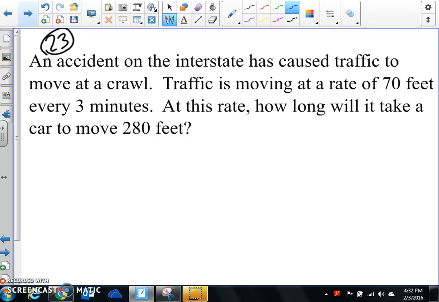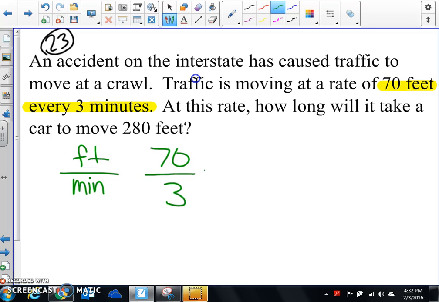An accident on the interstate has caused traffic to move at a crawl. The traffic is moving at a rate of 70 feet for every 3 minutes. At this rate, how long will it take the car to move 280 feet? So we have feet over minutes. So 70 feet for every 3 minutes.